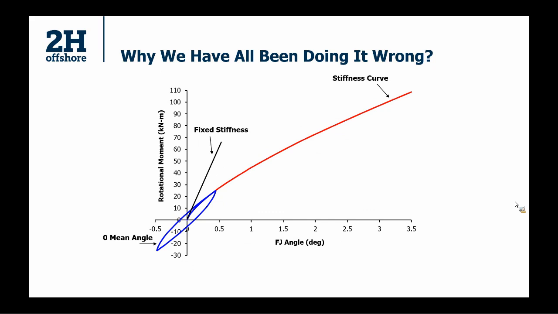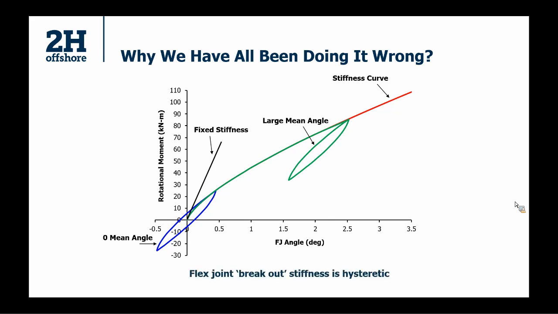And if you have a large loading condition, you will have a large flex joint angle. You see the same thing: this hysteresis loop never follows the path of the original nonlinear curve. So neither the fixed linear stiffness method nor the nonlinear curve method is accurate in this situation. This is because flex joint breakout stiffness is hysteretic.